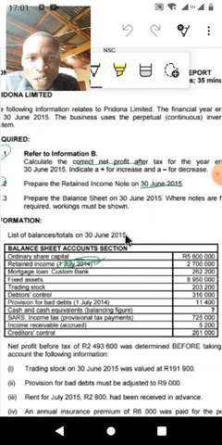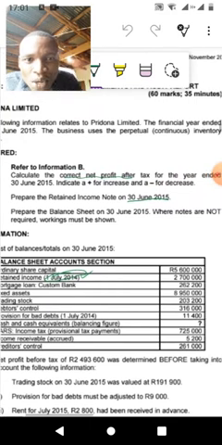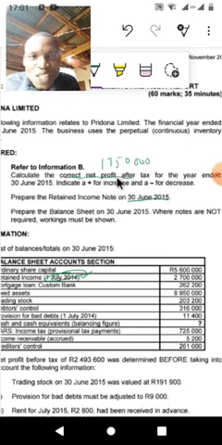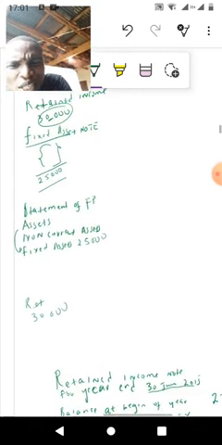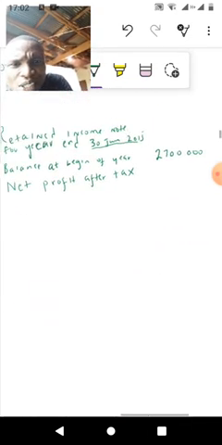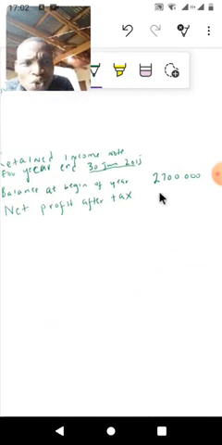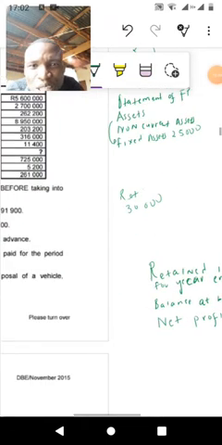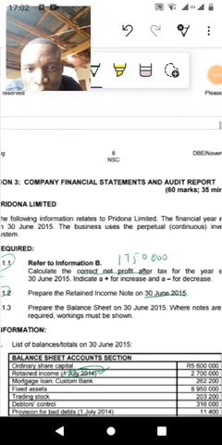1,750,000, guys. If we were to answer 3.1.1, we were going to get 1,750,000. Actually, this is the correct answer. With net profit after tax, in this case, there is no way you can get it wrong here, because it will depend on how much you got on question 3.1.1.